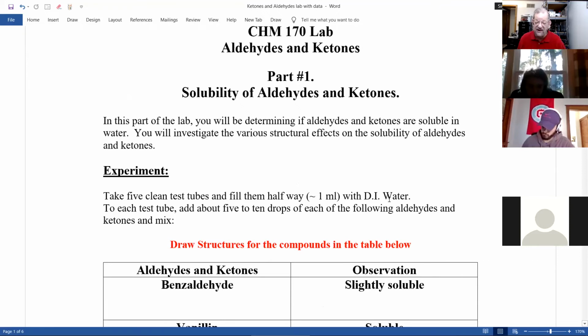DI stands for deionized. You take the ions out of the water, so it's almost not pure water, but pretty close to it. We use that in the lab. In each test tube with the water, you put about 5 to 10 drops of the following aldehydes or ketones, and you mix it.